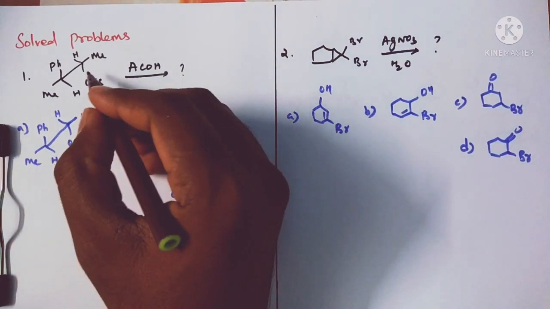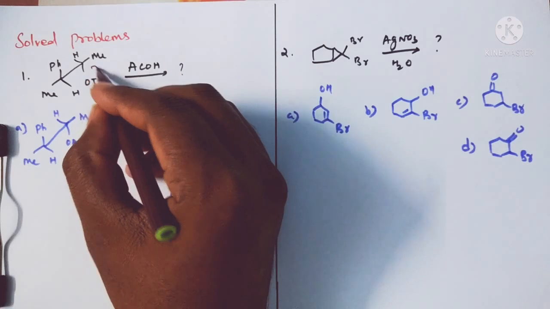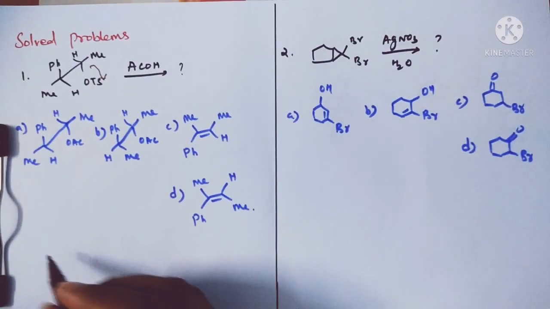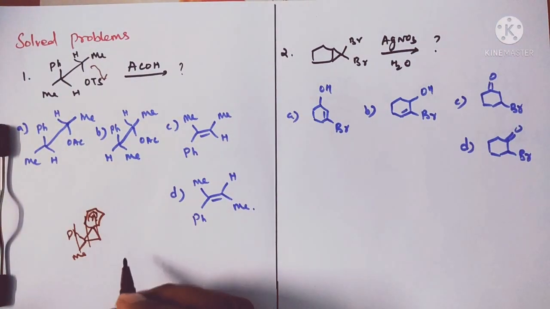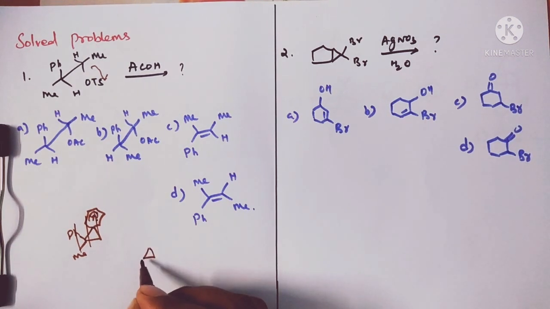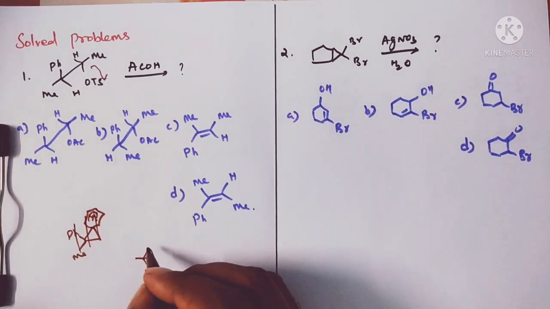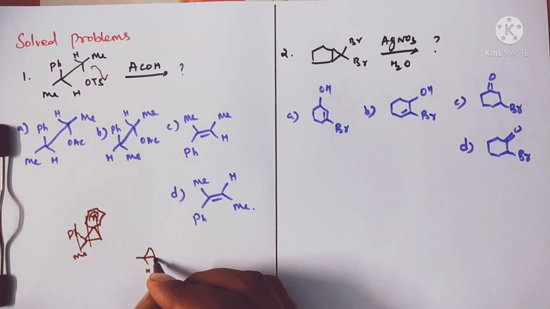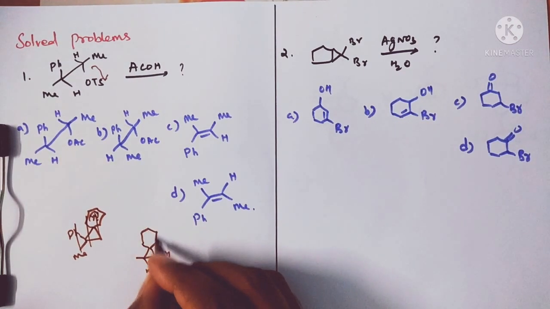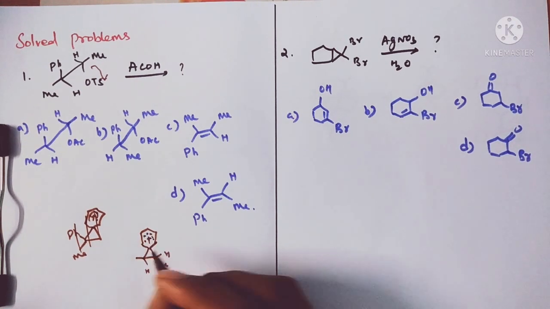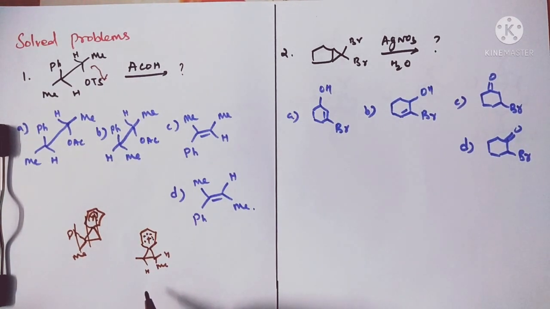Once this tosyl group leaves, it forms the phenonium ion.